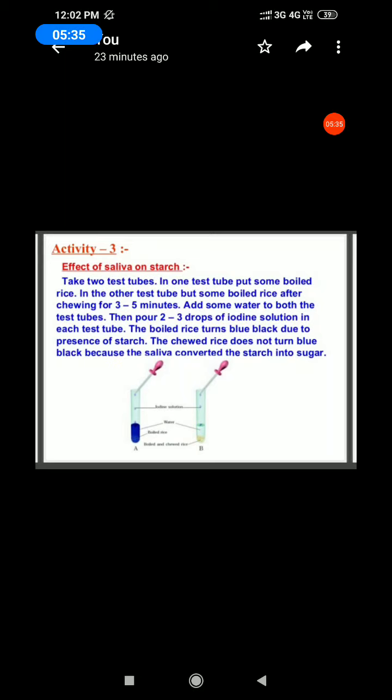The chewed rice does not turn blue. Test tube B. Look, test tube B. The chewed rice does not turn blue-black because the saliva converted the starch into sugar.